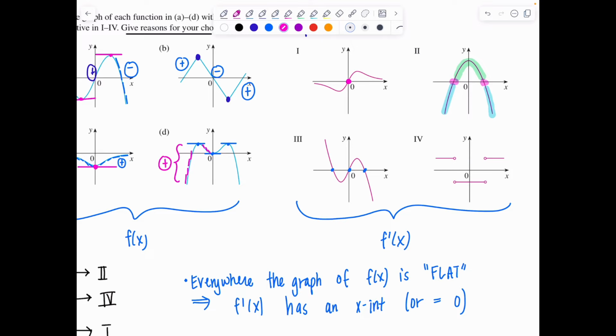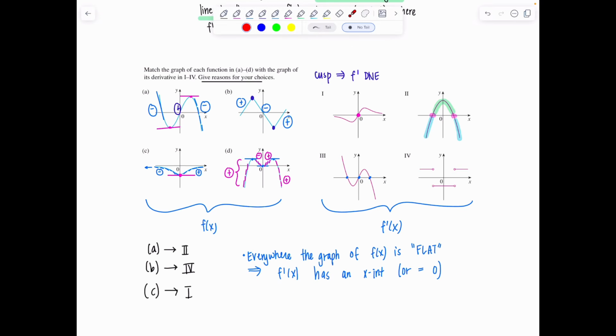Negative slopes right here. Then it switches to positive slopes and then back to negative slopes. So the derivative should be above the x-axis, below the x-axis. Above the x-axis, below the x-axis. Is that matching? Above, below, above, below. Perfect. So D is 3.